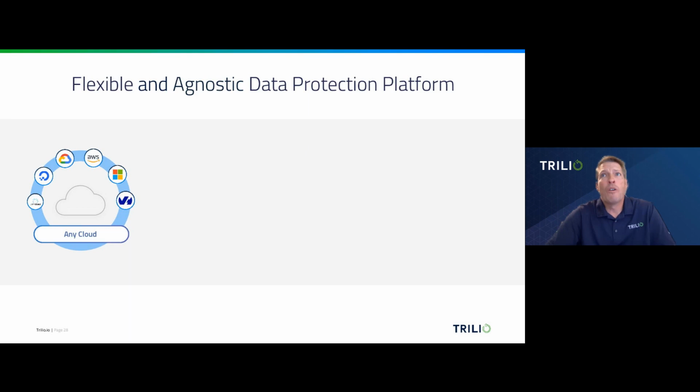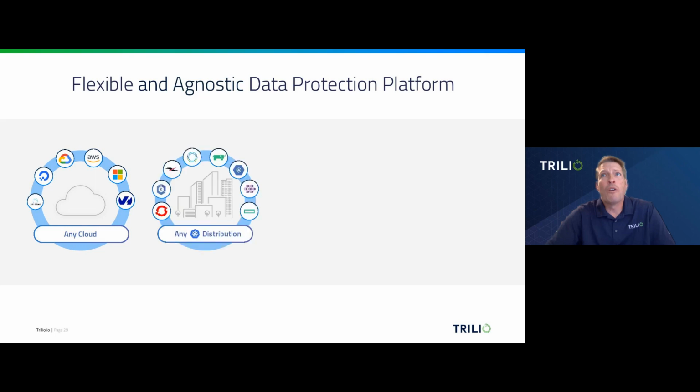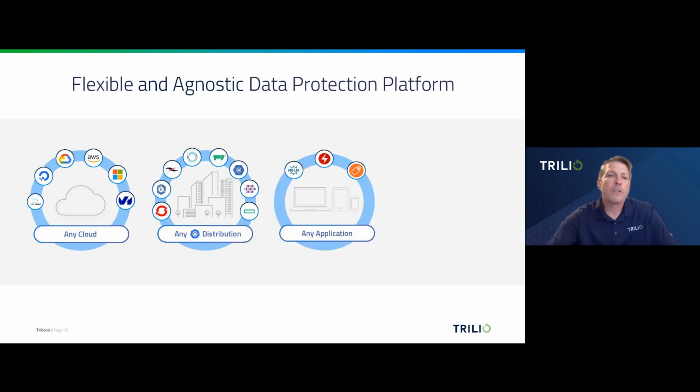So 90% of organizations are living in this hybrid cloud universe. Trilio works across all of these clouds and works across any distribution of Kubernetes. Obviously when you're moving across different public clouds, the Kubernetes versions are slightly different, so you need a solution that works across all those distributions.